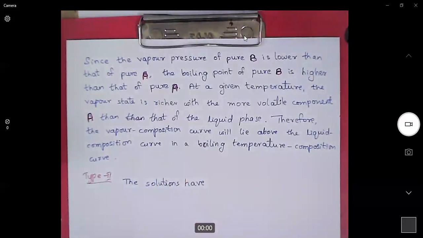So it is vice versa. If the vapor pressure is low, boiling point is high. If vapor pressure is high, boiling point is low.